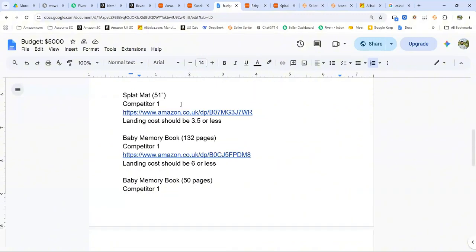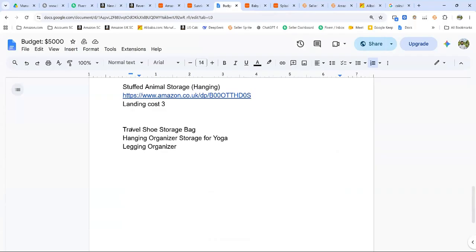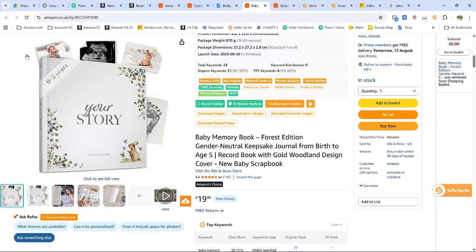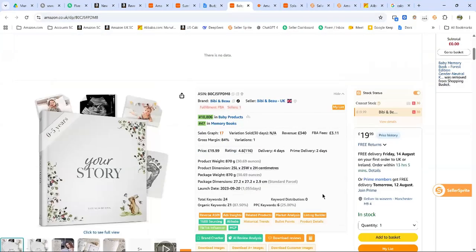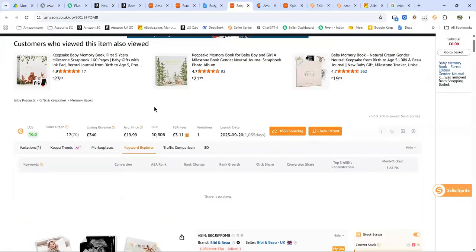If a product is within our criteria... there will be lots of products with an Amazon fee of more than 50%, more than 40%.